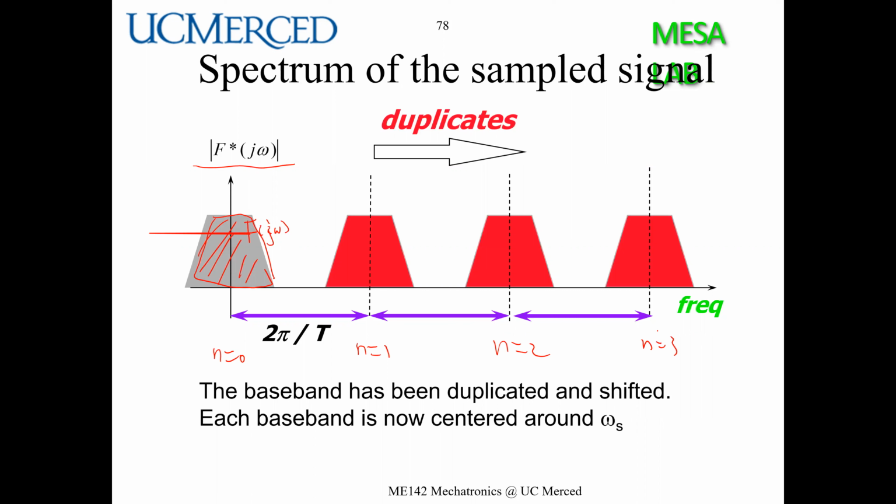So basically you are shifting by n and making a copy of it. Omega s, the sampling frequency, is 2 pi divided by T. So you have omega s in here, 2 omega s in here, and 3 omega s in here, dot, dot, dot. It duplicates infinitely. In other words, say for example, you have a sinusoid.